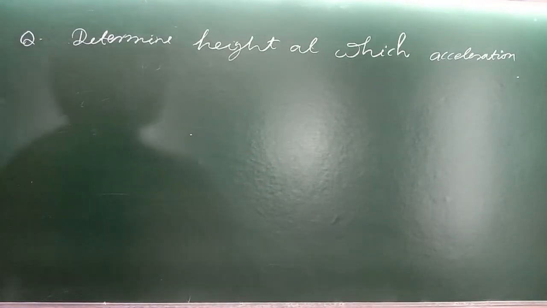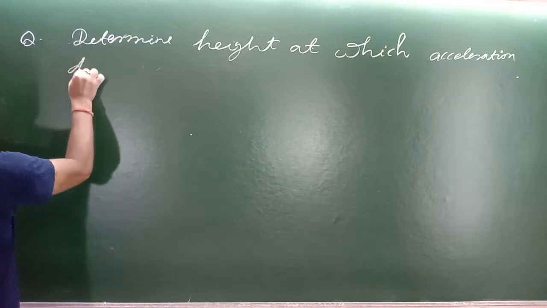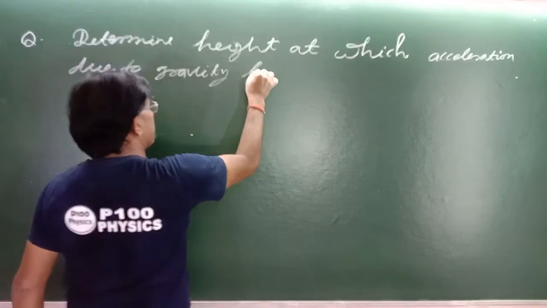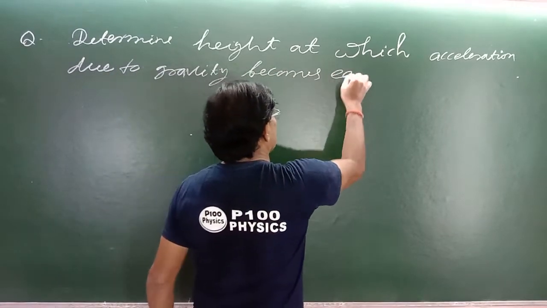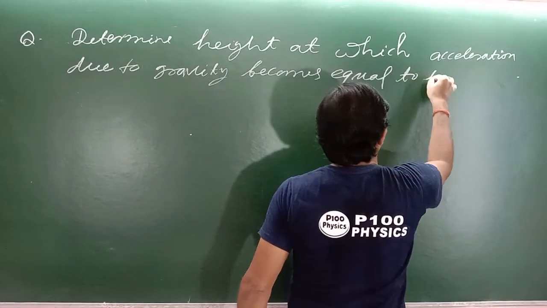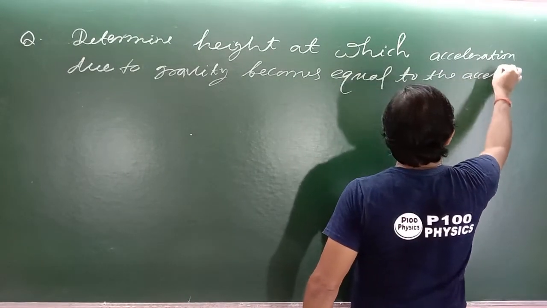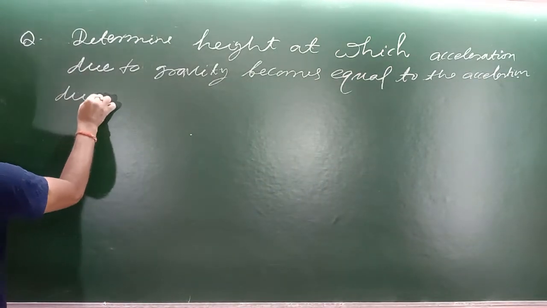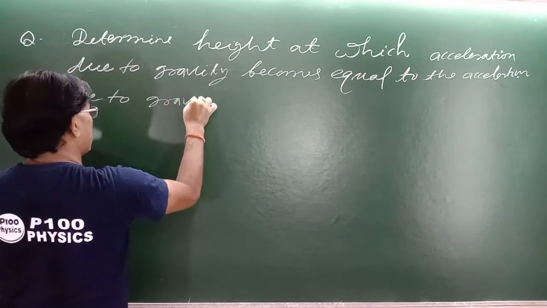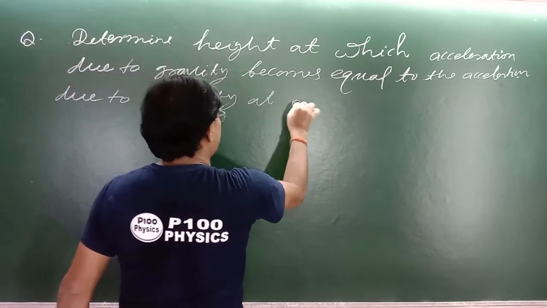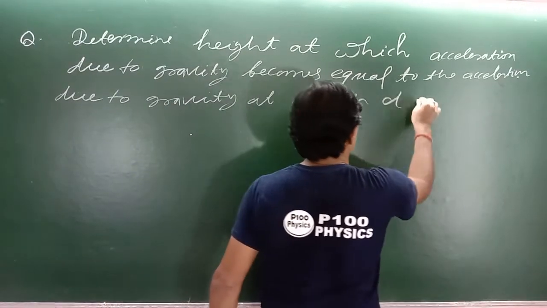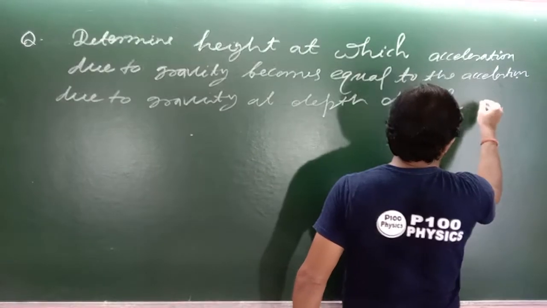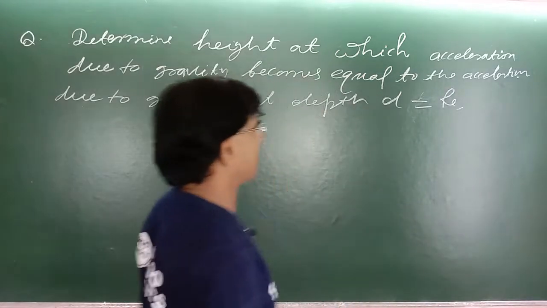Determine the height at which the acceleration due to gravity becomes equal to the acceleration due to gravity at depth d, where d equals Re inside. Okay, so much the question.